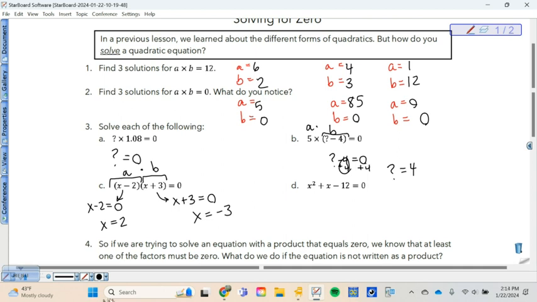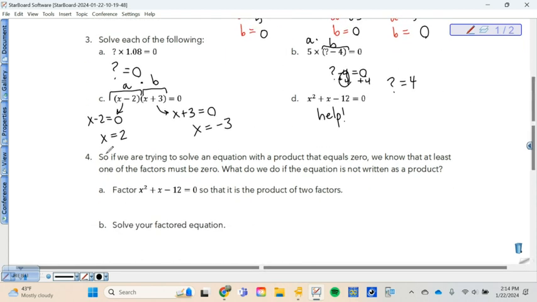What do we do for part D? Can I do what I did before? No. We're going to turn this into this format. And that's why we've been practicing factoring.